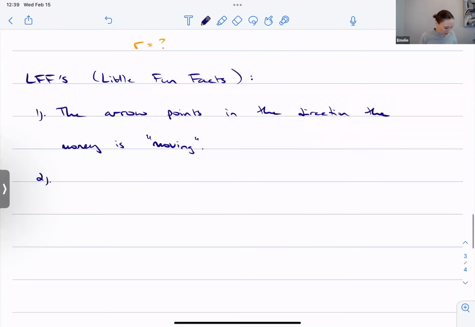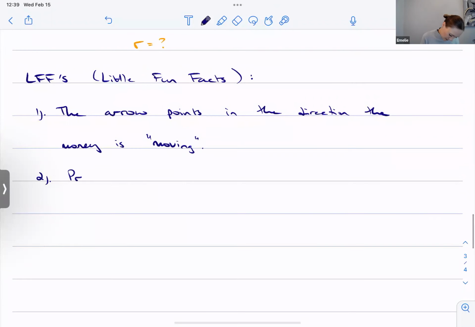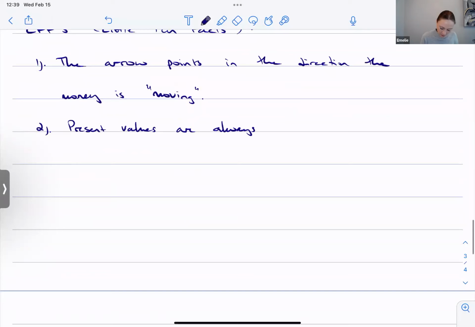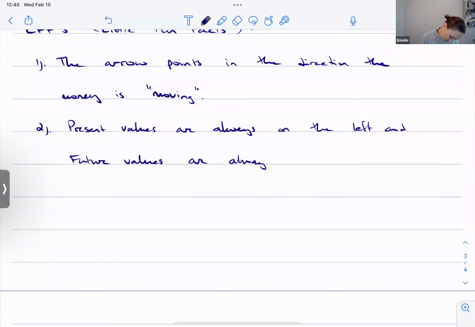So present values are always on the left and future values are always on the right.